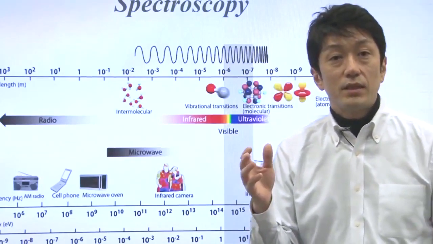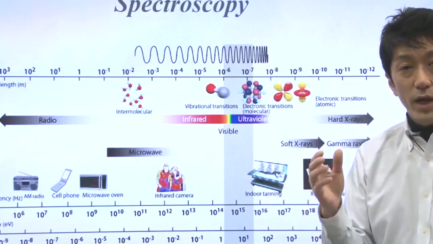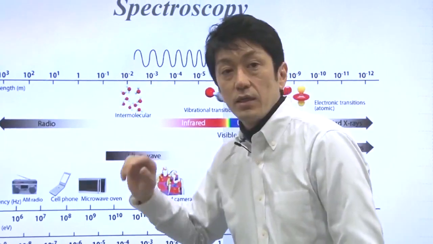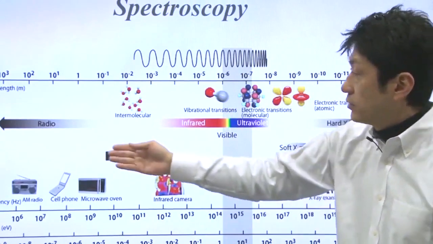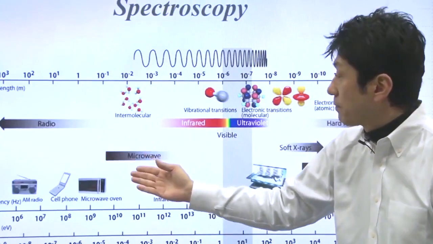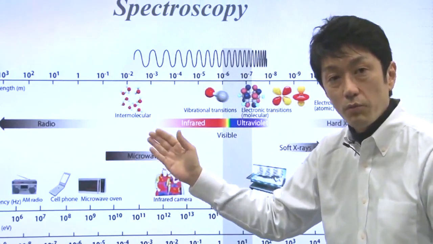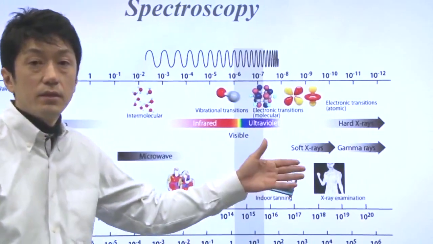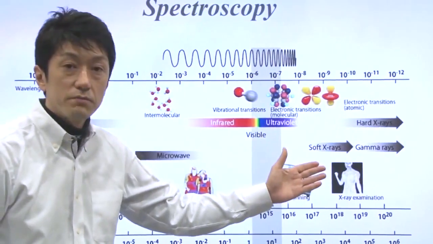The light is actually a wave, an electromagnetic wave. The radios and microwaves have long wavelengths, while X-ray has short wavelengths.